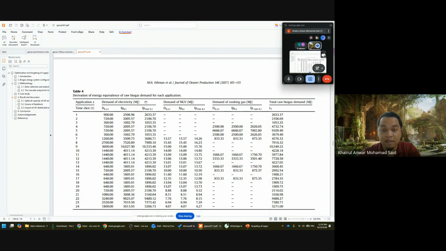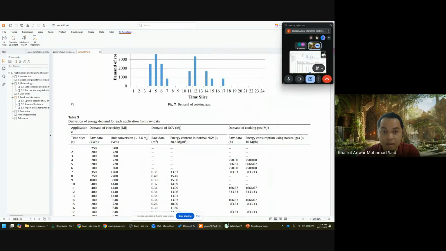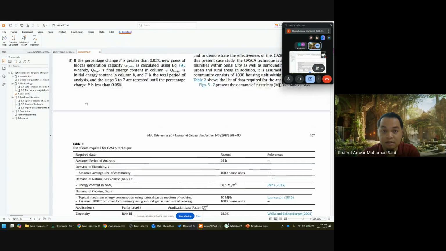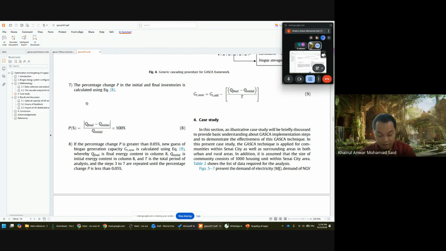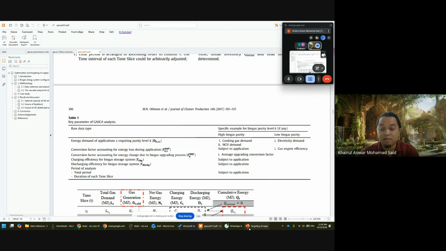So for the demand for each of cooking gas, NGV, and electricity, you need to calculate it. Okay, let's go to the next.